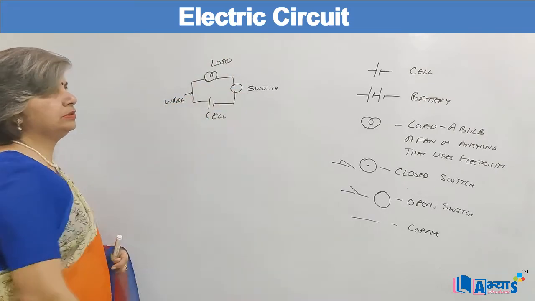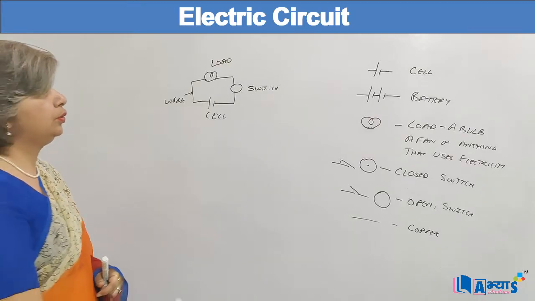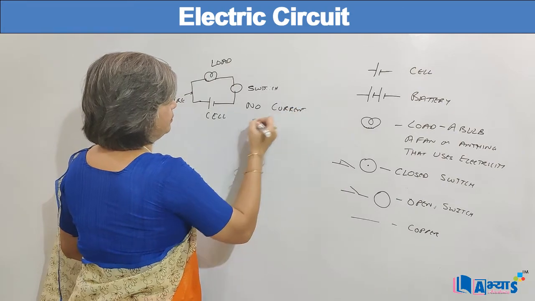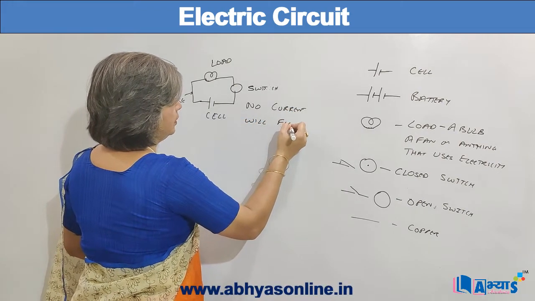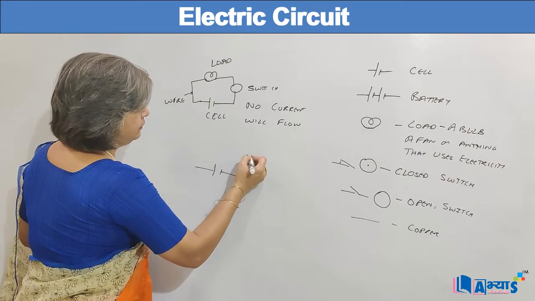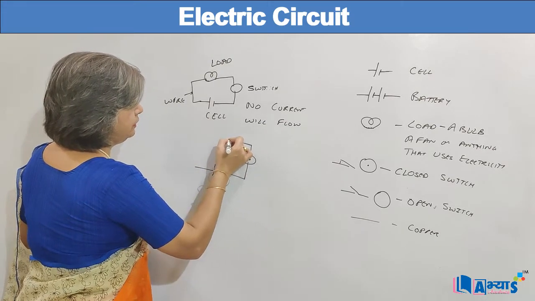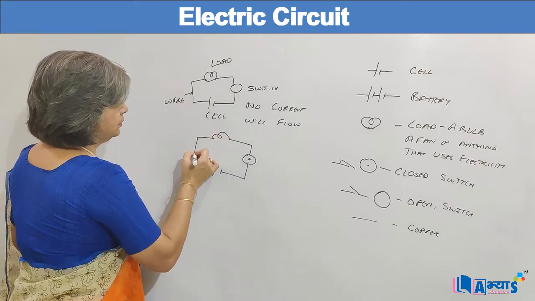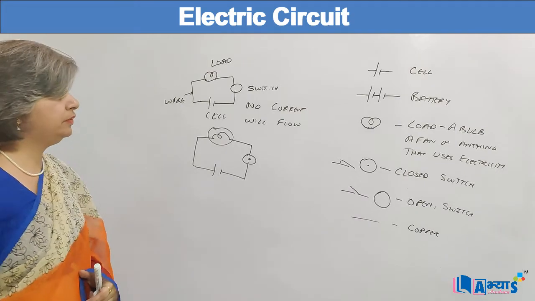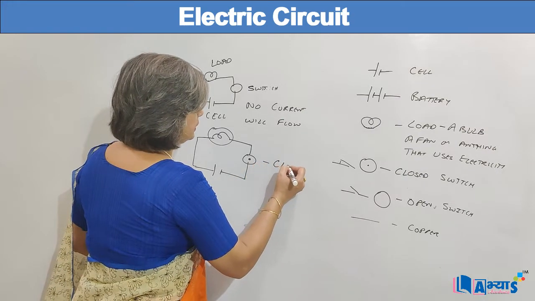Now we see that the switch is an open switch. That means no current will flow. Now if we draw this circuit like this, we have a switch, then we have a load. If this is the situation, we say it is a closed circuit.